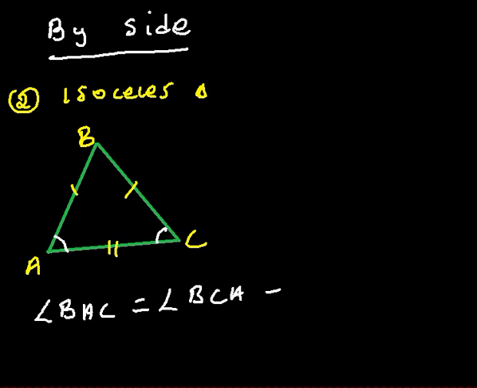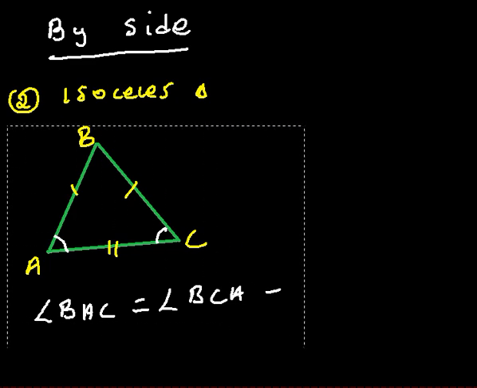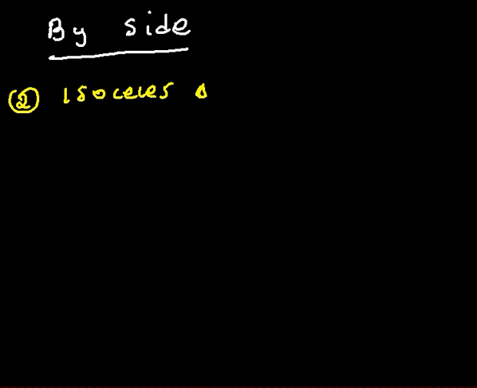And apart from the isosceles triangle, we also have another triangle, which is a scalene triangle. So what is a scalene triangle? The scalene triangle is the triangle with no similar sides.